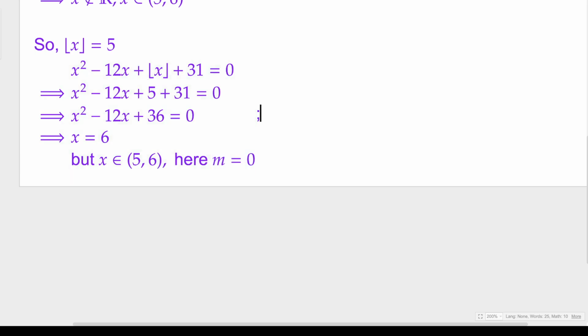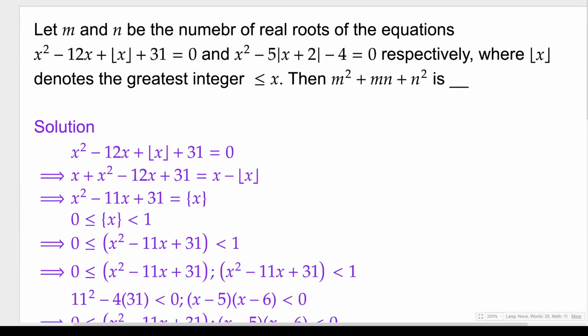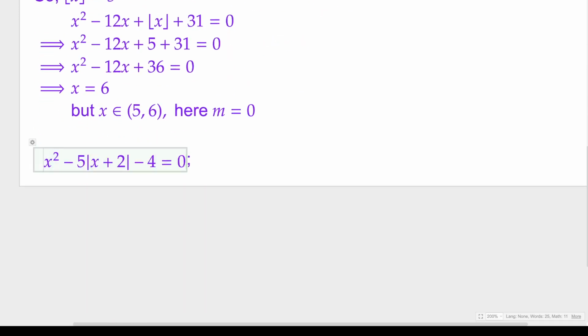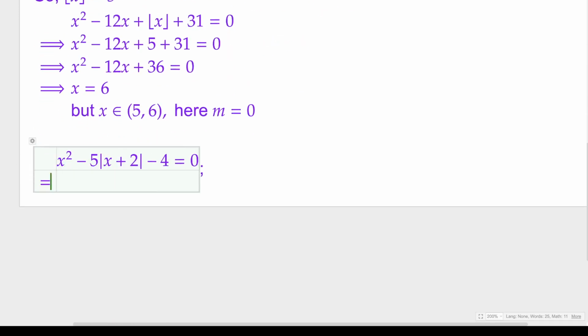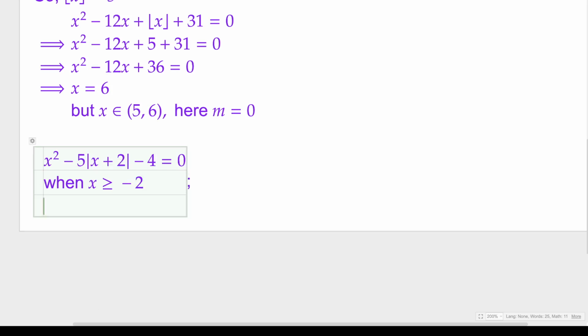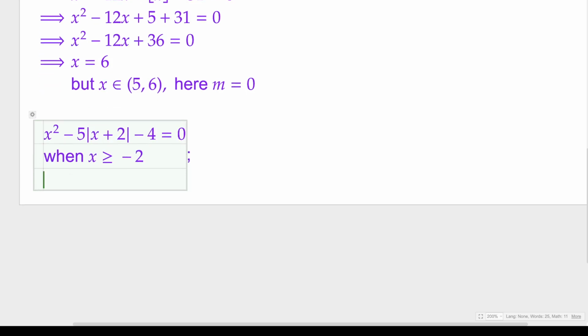Now proceeding to the next step, I'll take the next equation that is given to us, that is x square minus 5 times absolute value of x plus 2 minus 4 equal to 0. Now here I'll consider the situation when x is greater than or equal to negative 2, because for x plus 2, negative 2 is the critical point.